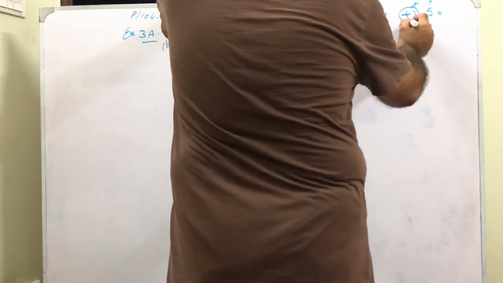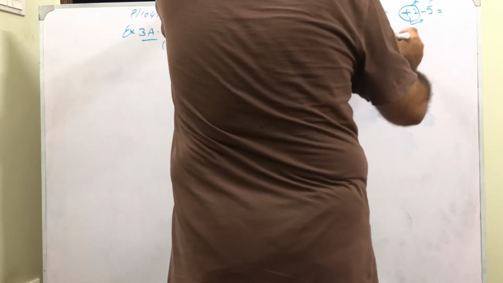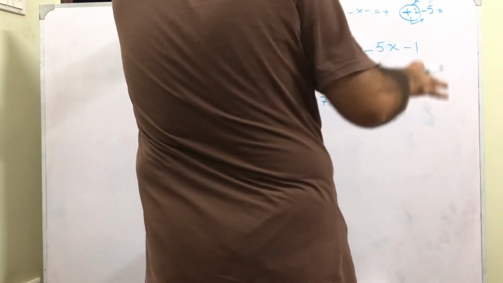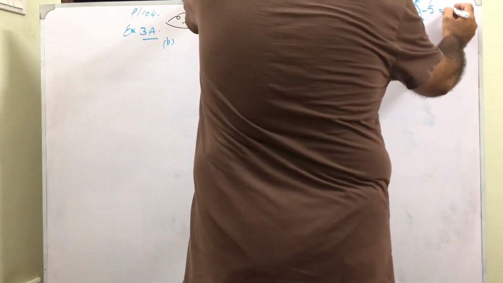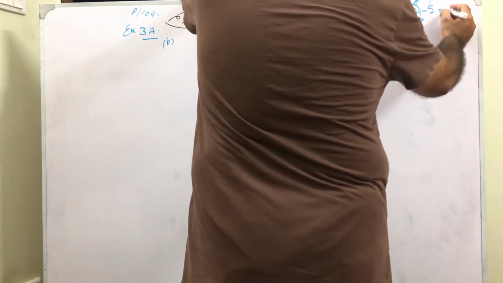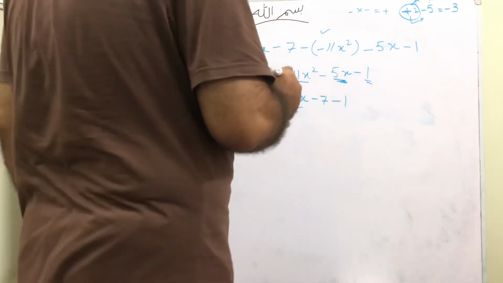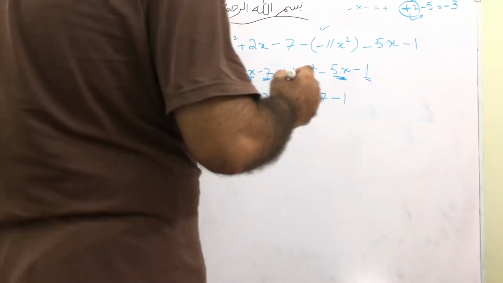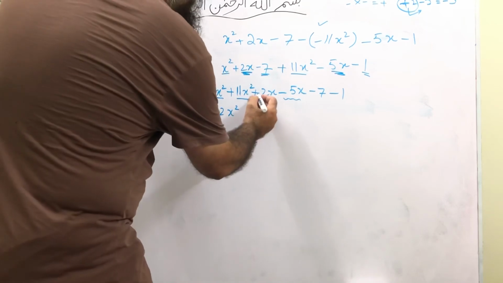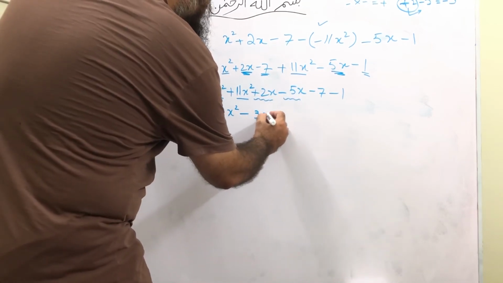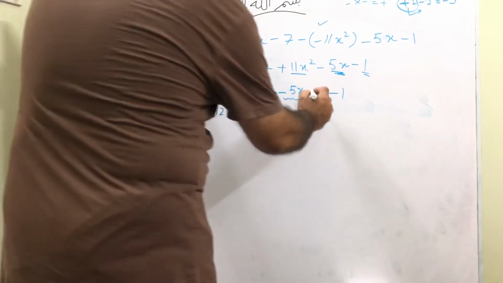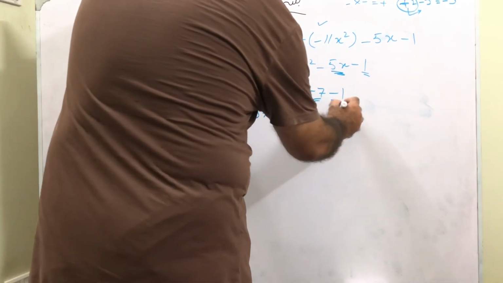So you will pay 2 rupees of the loan, so your loan will become less. Now it will be 3. So it is a loan, so it will become minus 3. So plus 2 minus 5 is equal to minus 3. So here plus 2x minus 5x becomes minus 3x.